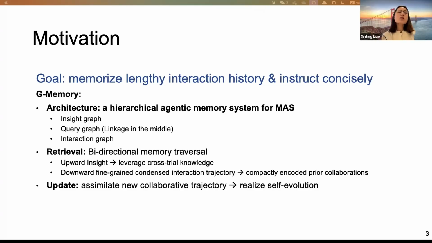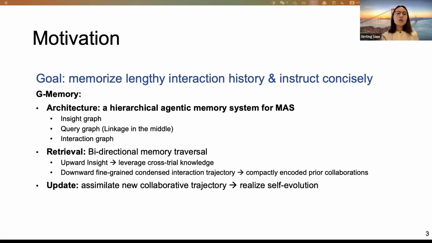For retrieval, it designs a bidirectional memory traversal: based on the upward insights, they can leverage cross-trial knowledge, and based on the downward fine-grained condensed interaction trajectories, they can compactly encode the prior agent collaborations.